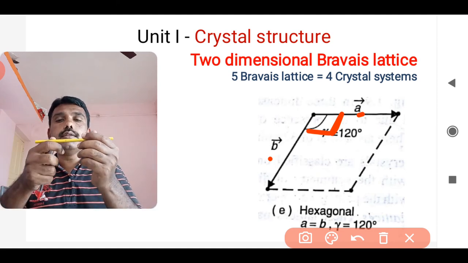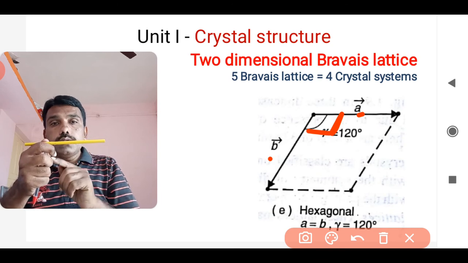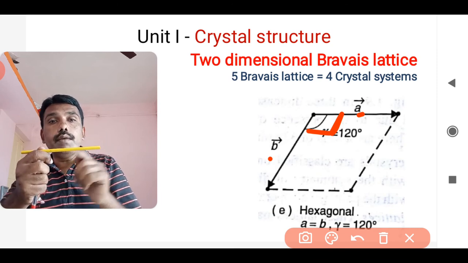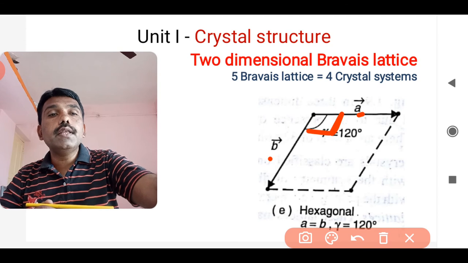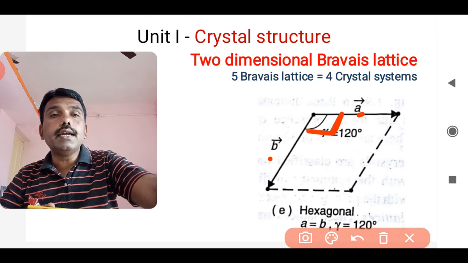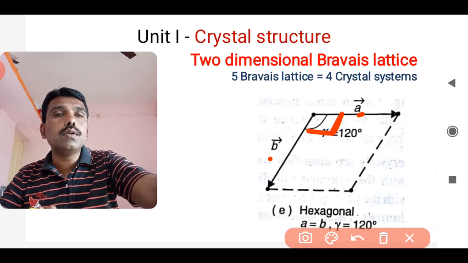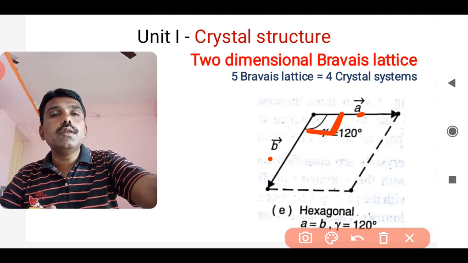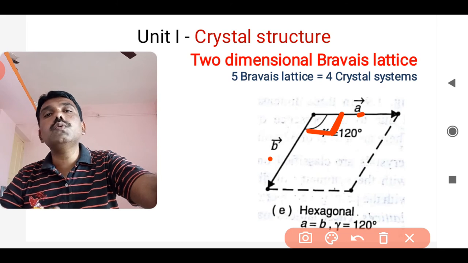So it has equal sizes of vectors A and B in two dimensions, but the angle in between them is 120 degrees, and that's why such a hexagonal structure is part of the Bravais lattices in the two-dimensional case.